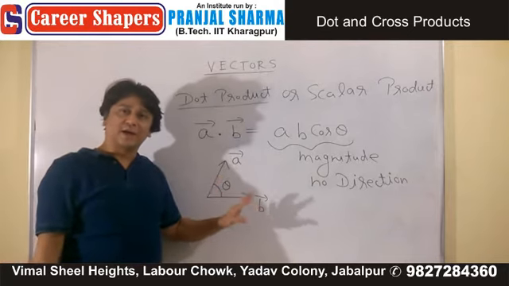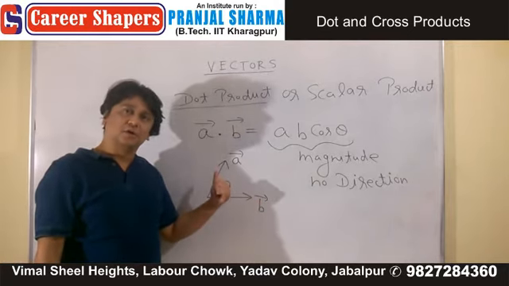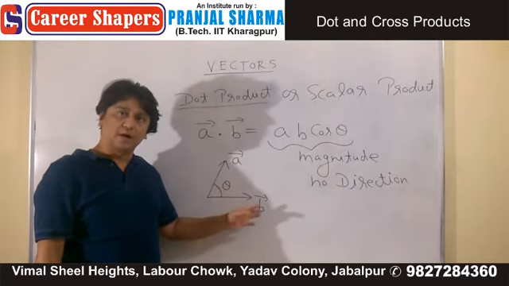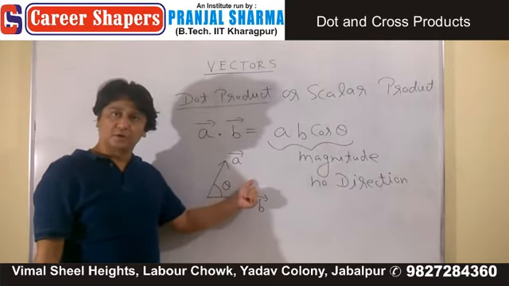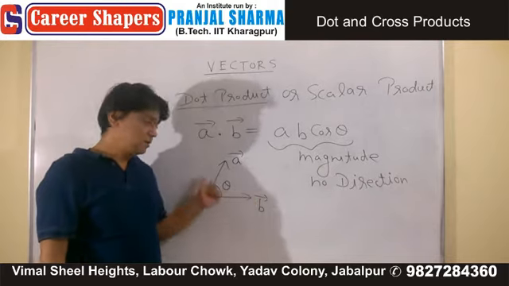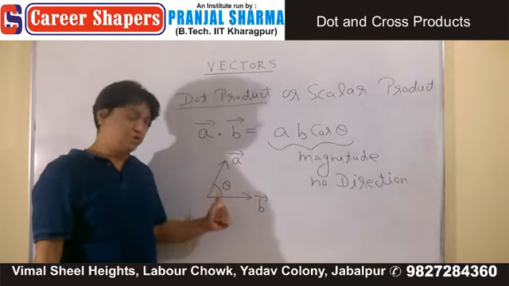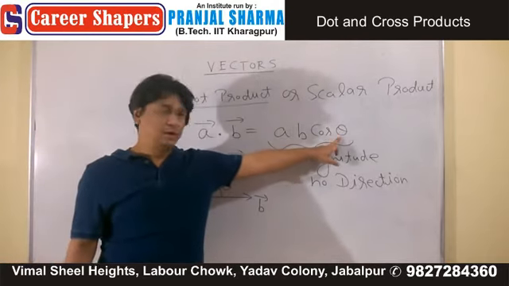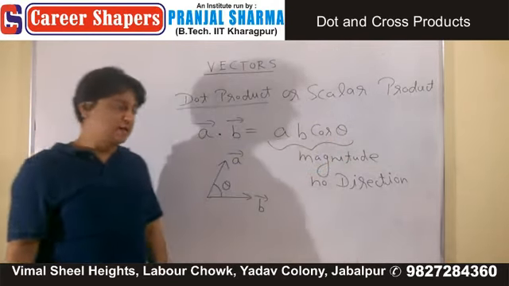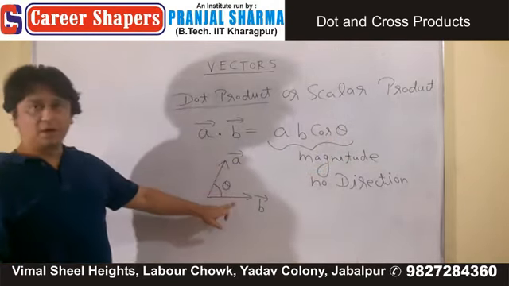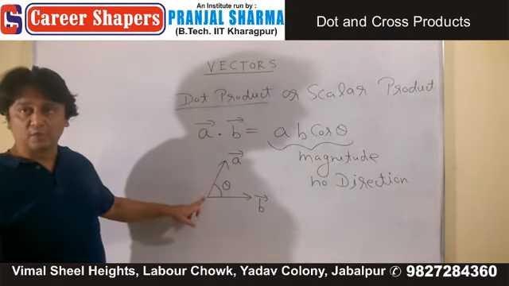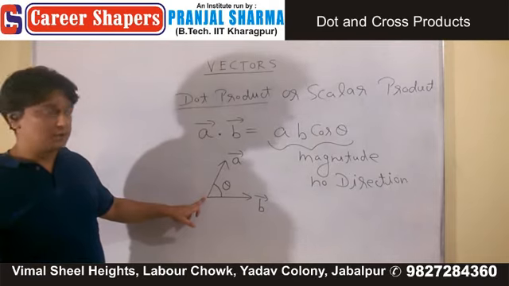This is something which I explained in the last lecture. So those who are new, just don't worry. I will send you the lecture and you will get the required information. But as of now, theta is the angle between A and B provided they are both joined with their tails together.